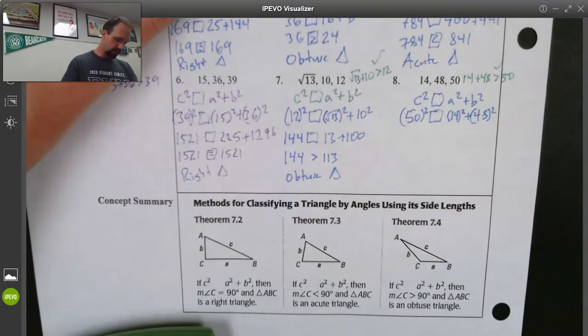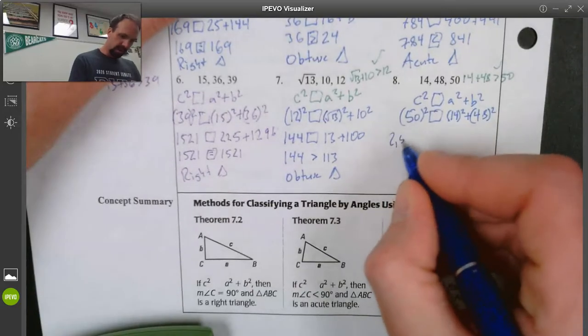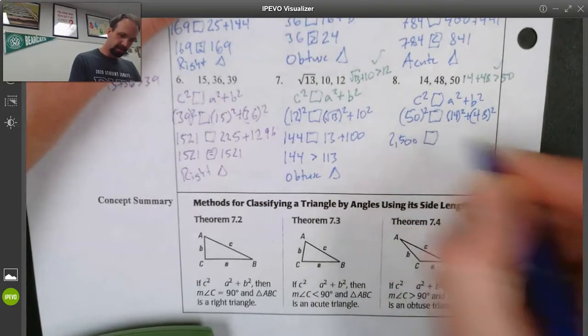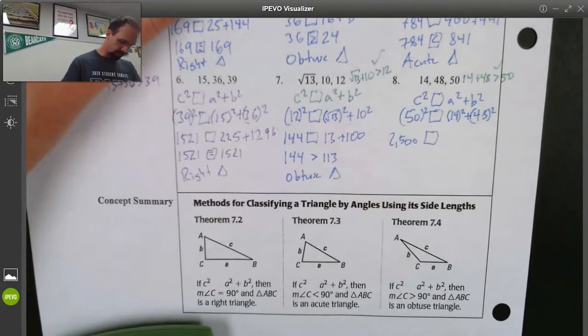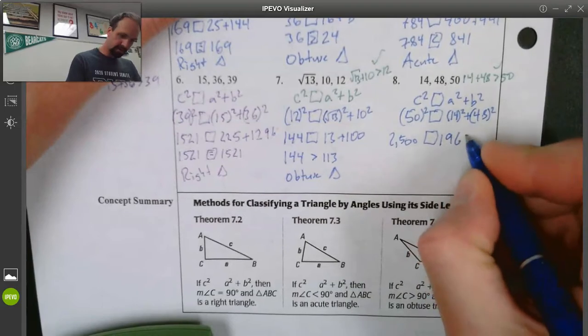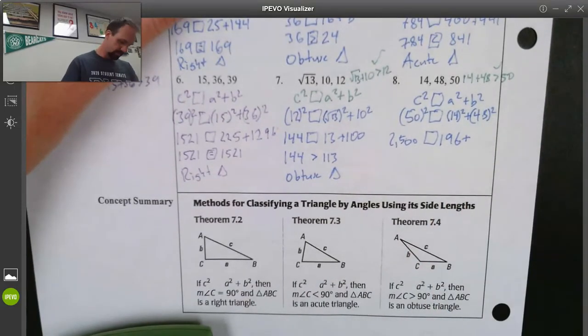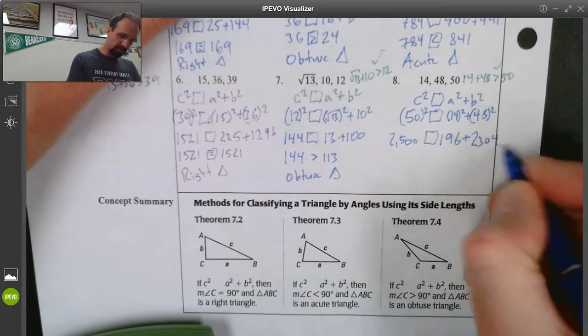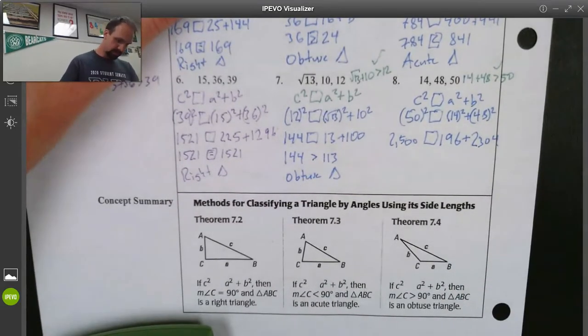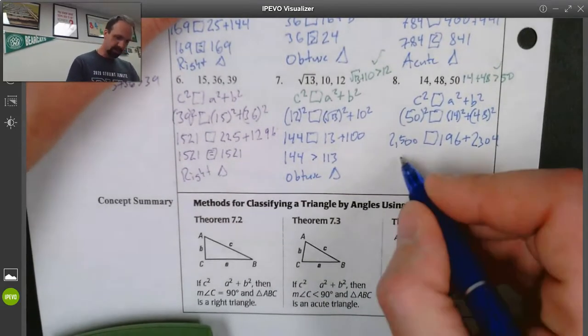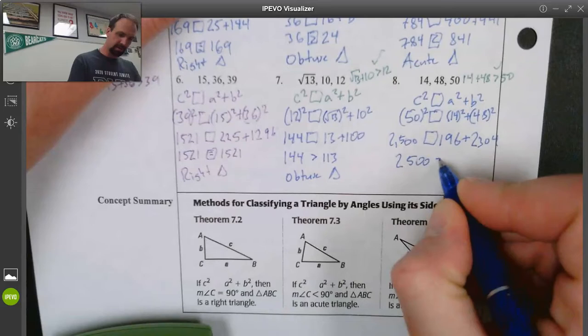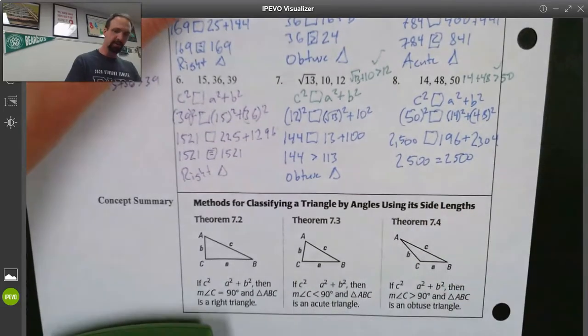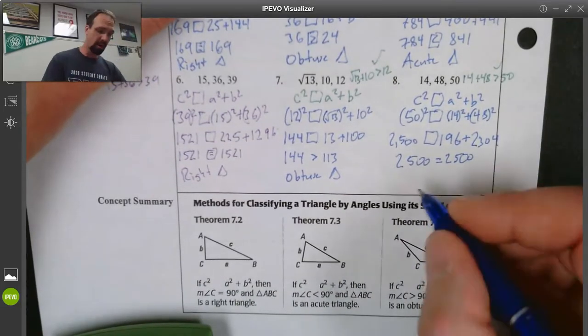So 50 squared, 2,500, 14 squared, I knew this, 196, plus 48 squared, 2,304. If I add that to 196, hey, I get 2,500. And 2,500 is equal to 2,500, so this is a right triangle.